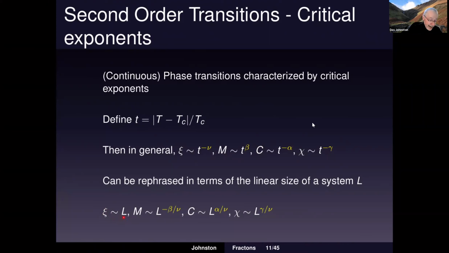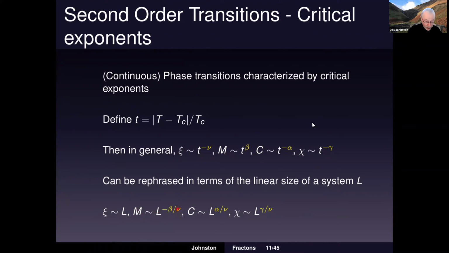So let's call that L. So I can use this relation here for the divergence of the correlation length to relate the T and the L. So I just say T to the minus nu is equal to L here. And then I trade in all of the T's in these scaling relations for L's, the linear size of the system that I've got. So what I find is I would expect the magnetization to vanish like this.